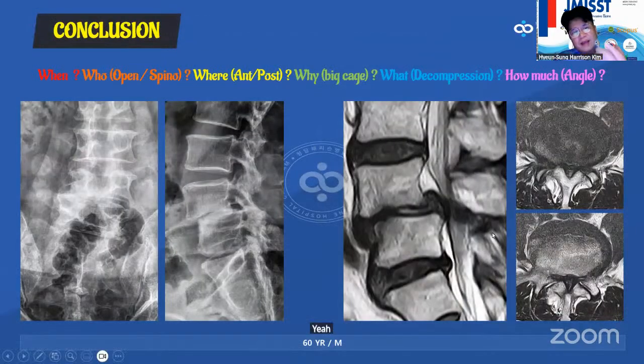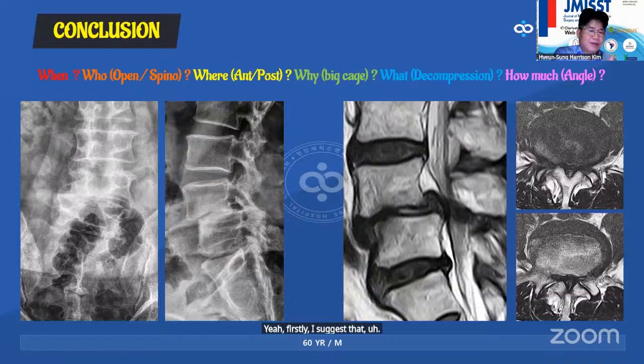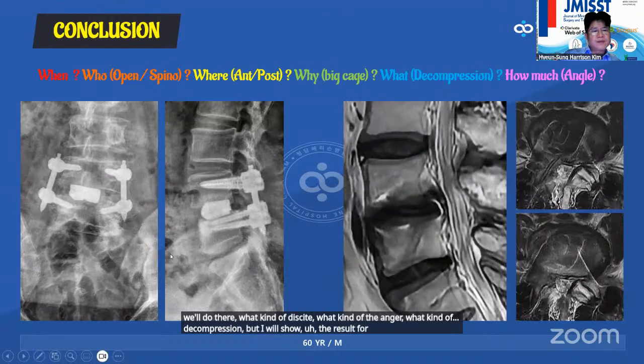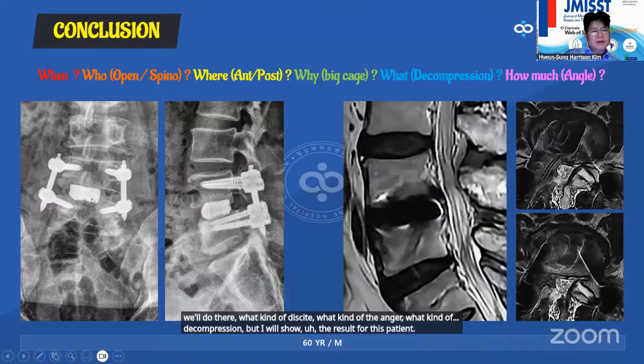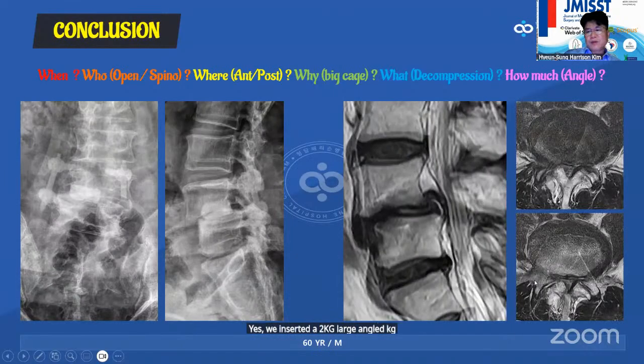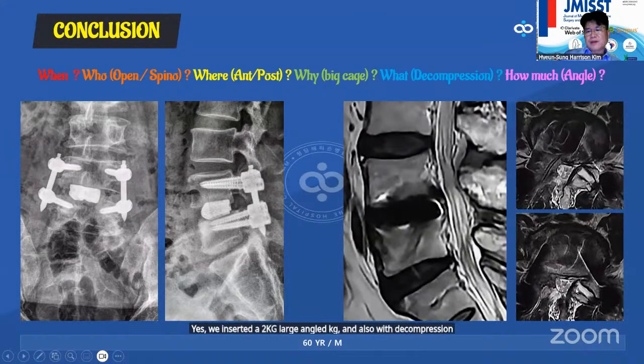Firstly, I suggest you ask for this patient what kind of surgery you will do, what kind of height, what kind of angle, what kind of decompression. But I will show the result for this patient. Yes, we inserted a large angled cage, and we decompressed only one side, not bilateral.